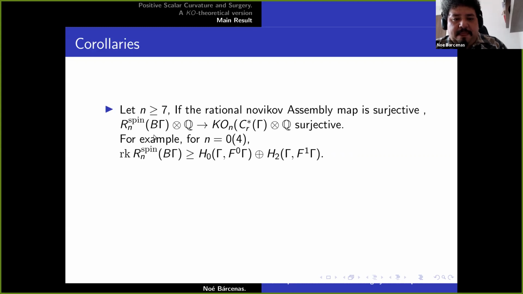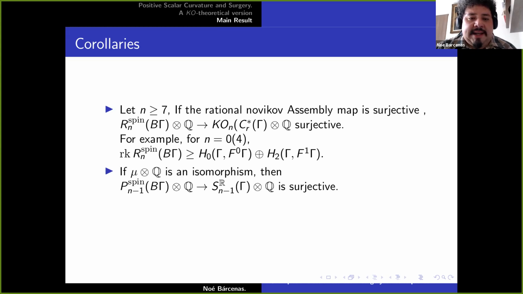And then, for example, the rank of this R group in this dimension is at least H0, F0 of gamma, plus H2, F1 of gamma. So this is just by analyzing the specific coefficients which map onto that through this part of the mapping surgery to analysis sequence.